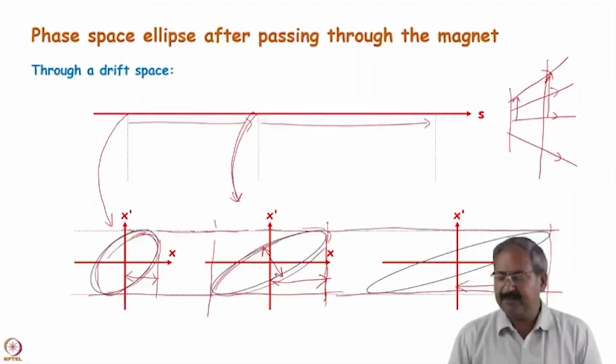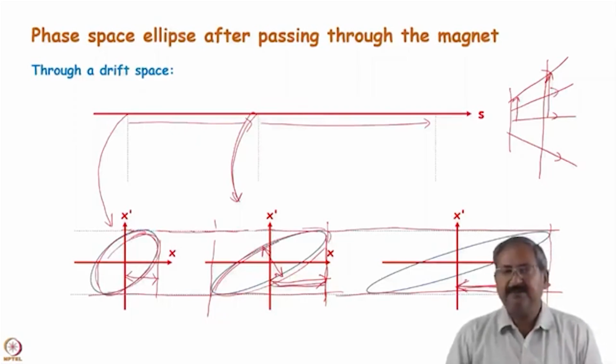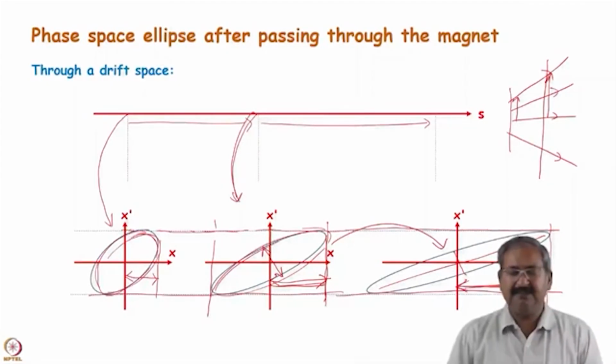So the maximum amplitude of betatron oscillation in displacement is further larger than this value. So the ellipse will be more tilted like this, more tilted and more elongated, but with lesser width to keep the emittance constant. In this fashion, we can draw the ellipse.